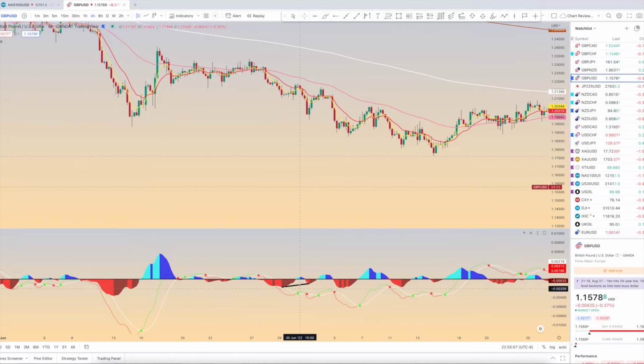Okay, there's one more divergence to look for, and it is, we want to find the other one, right? We went, this was lower than this one, and this was higher than this one. So now we want to look for the opposite, lower and then higher, and then lower and higher here.